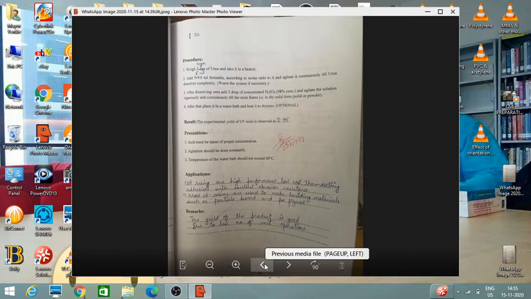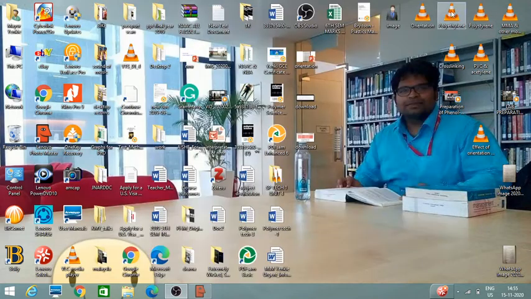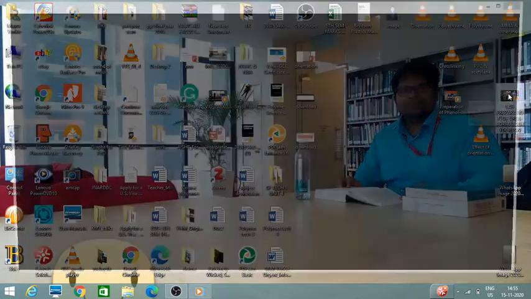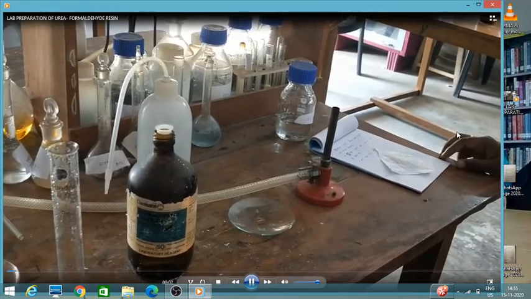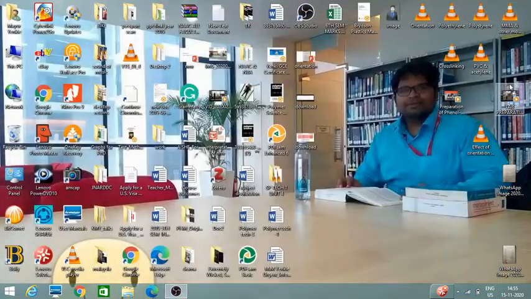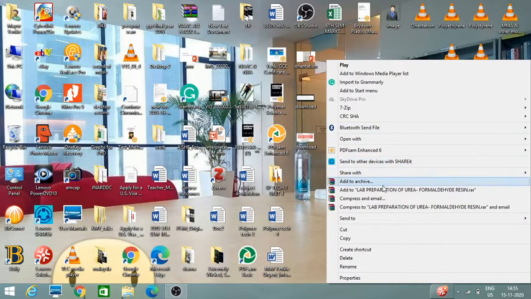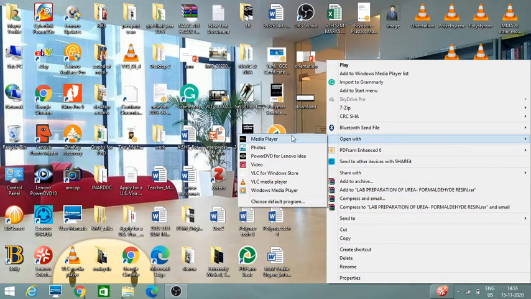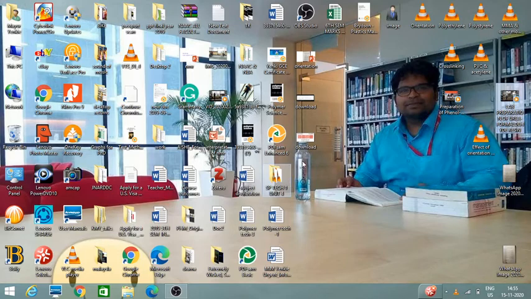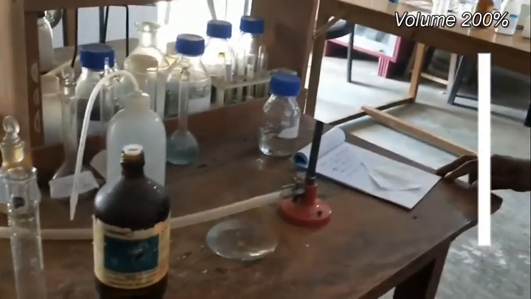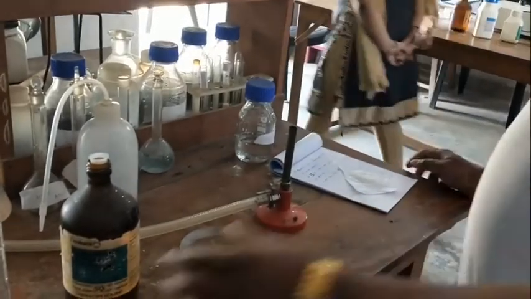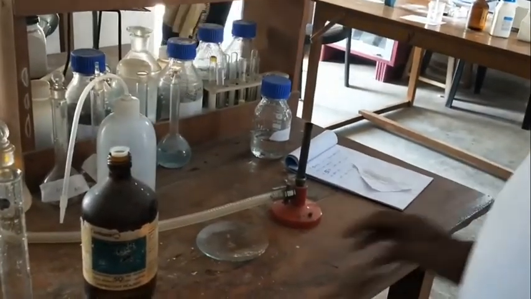Now let us see the procedure in detail. This is already measured 5 gram of urea, and for this experiment we will take another chemical.